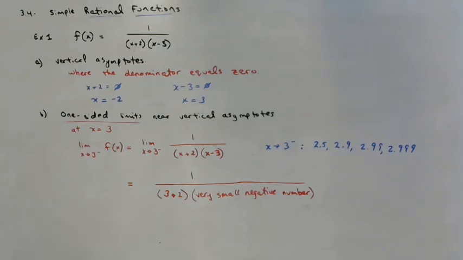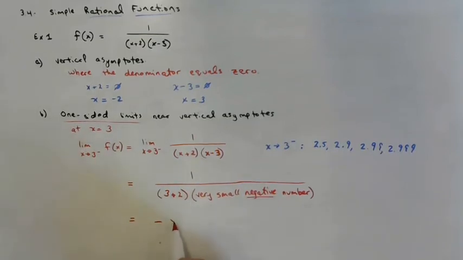Okay, so now we need to think about what happens when we have a rational expression with 1 in the numerator, and the denominator is going to be 5 times an infinitely small negative number. That means the whole denominator is just getting infinitely small, and it's going to be negative. Well, what happens if your denominator gets smaller and smaller, closer and closer to 0? What's happening to the value of the whole fraction? Approaches negative infinity. Yeah, it's getting bigger, except it's negative, okay?